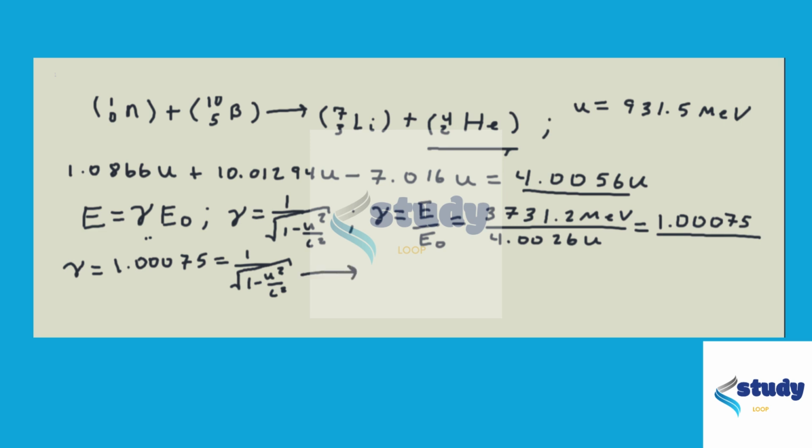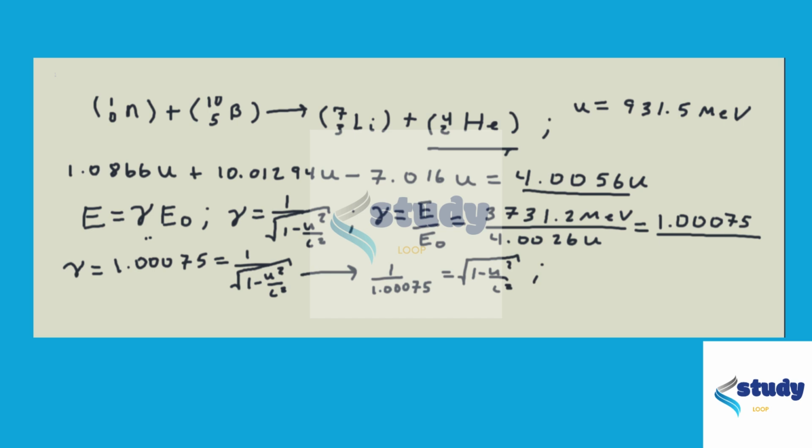All right, what I'm left with is that 1 over 1.00075 is equal to the square root of 1 minus u squared over c squared. And I can solve this for u.